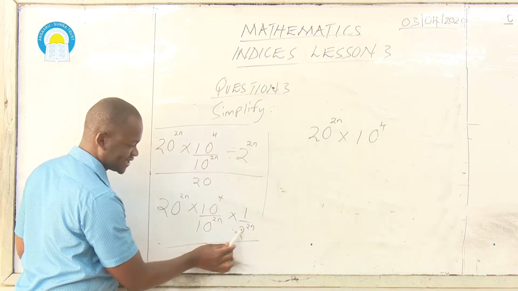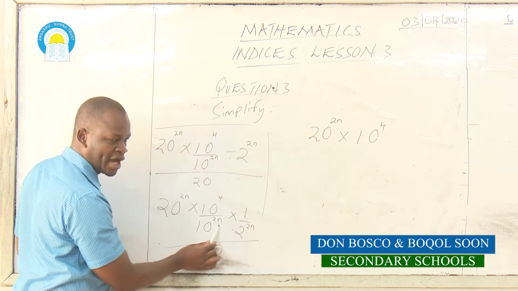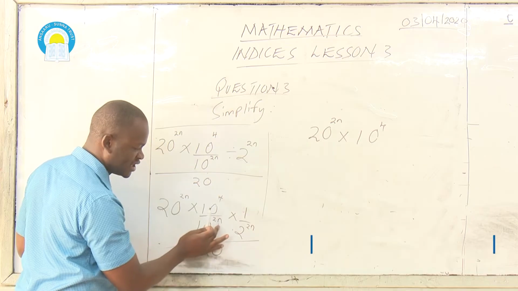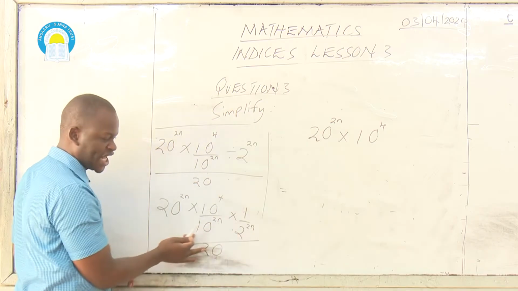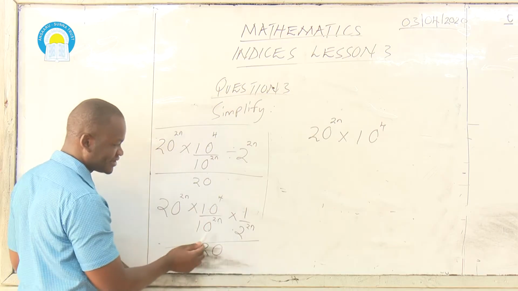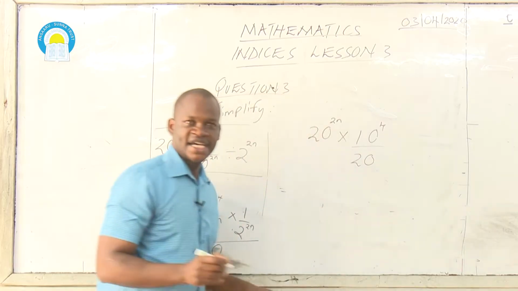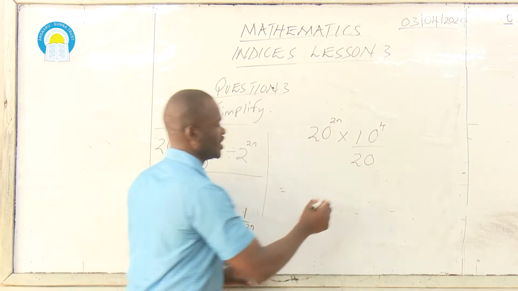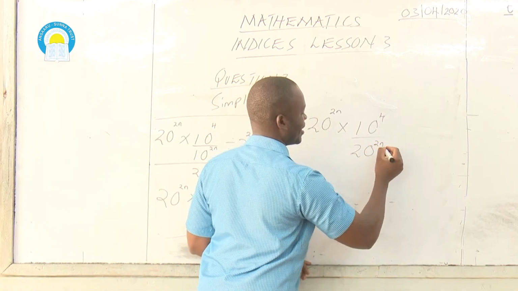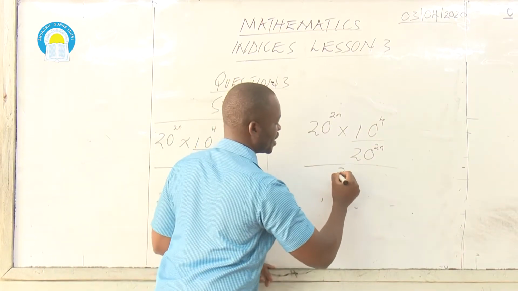Keep in mind, we have the same power in the name of 2n. We said when you're multiplying and the powers are the same, multiply the bases to give you 20, and let that product assume that similar power 2n, over the 20 we had here.